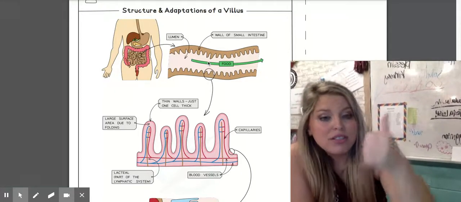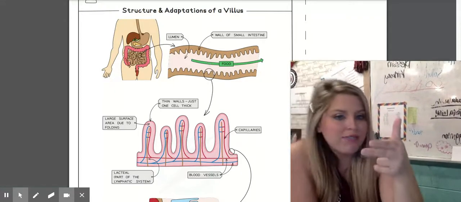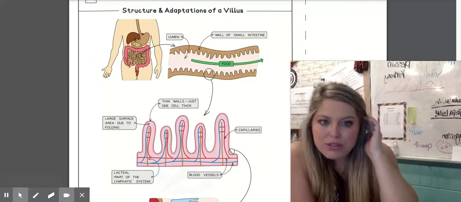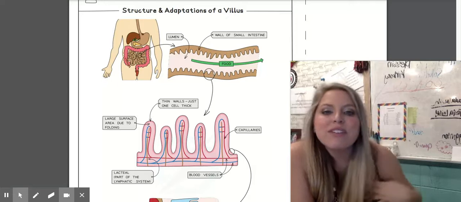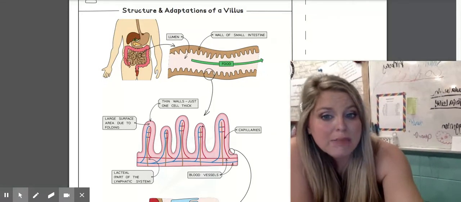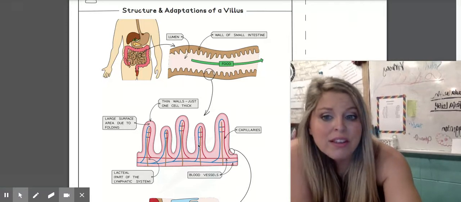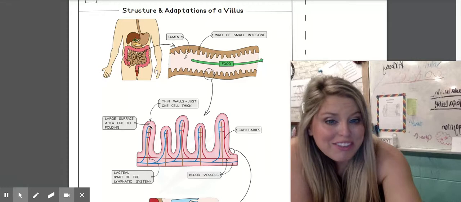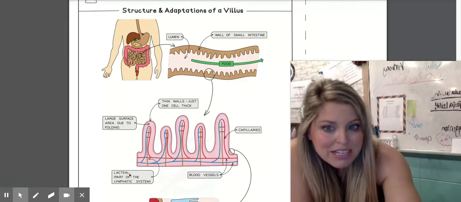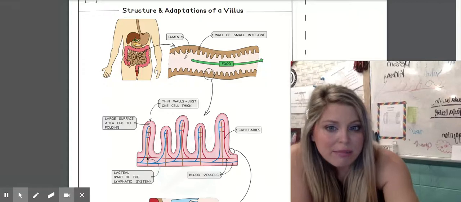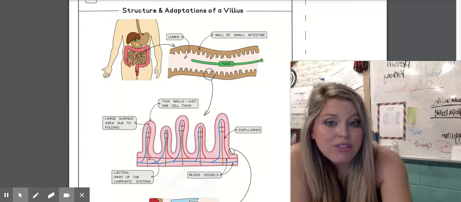As those molecules of carbohydrates, proteins, fats, any of your vitamins, anything that you need in your body for nutrients, are moving through, they're being absorbed into your bloodstream and your lymphatic tissue. And what we call the lymphatic system, what protrudes up into your villi, is called the lacteal. So the lacteal is surrounded by those capillaries and extends into the villi.